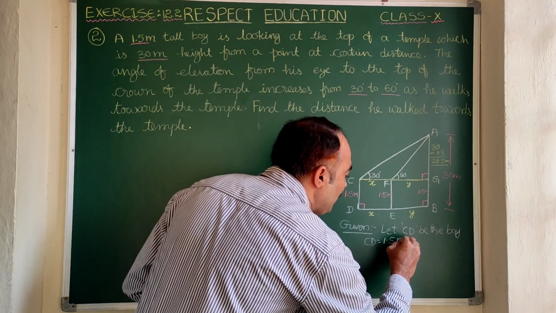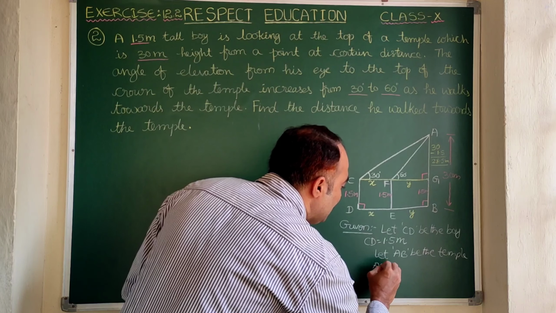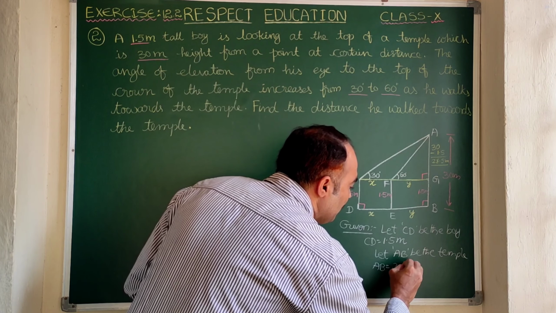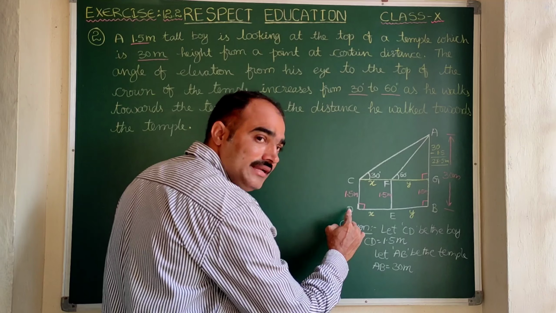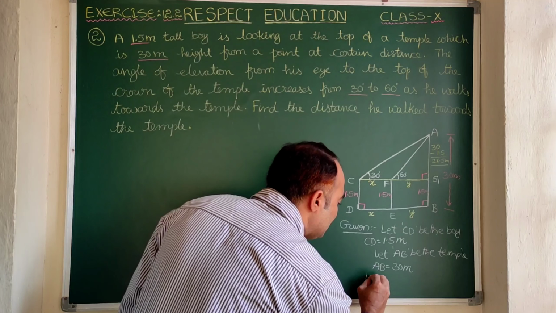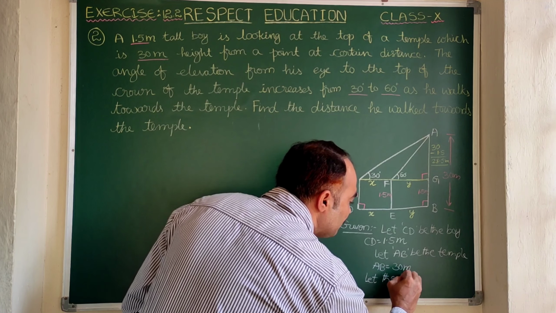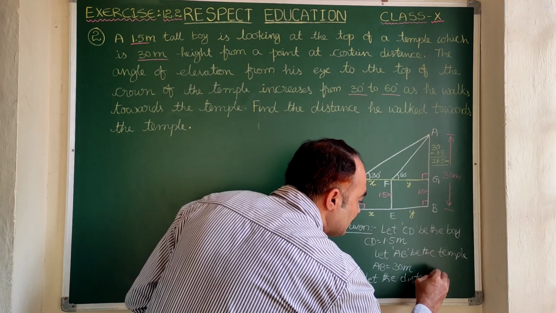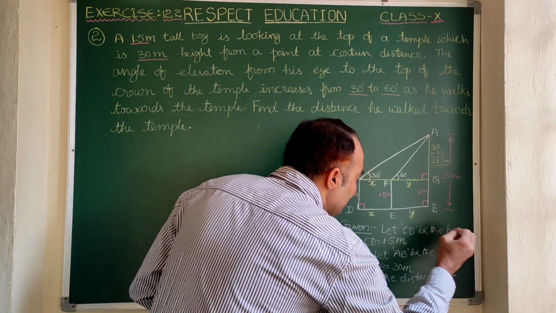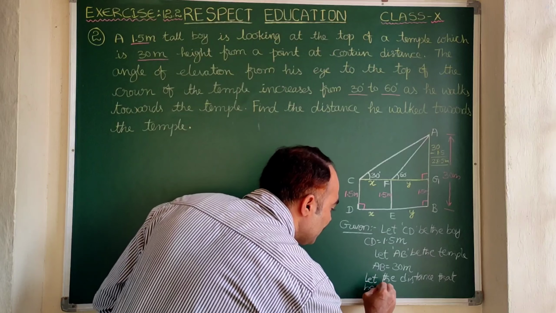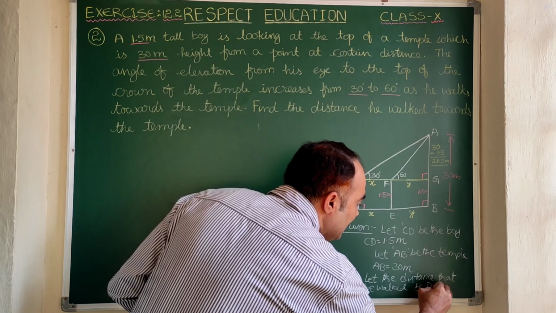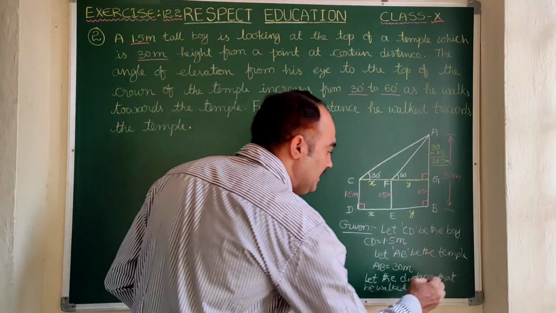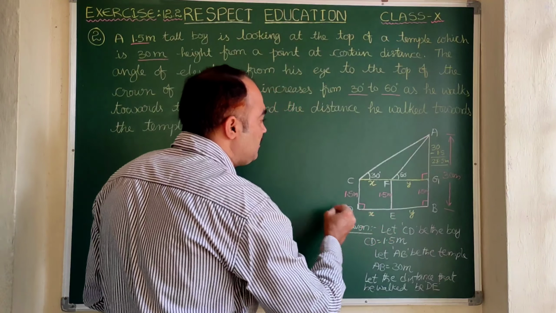So AB is equal to 30 meters. And angles of elevation are also given. The distance he walked is DE. Let the distance that he walked towards the temple be DE, that is x meters.